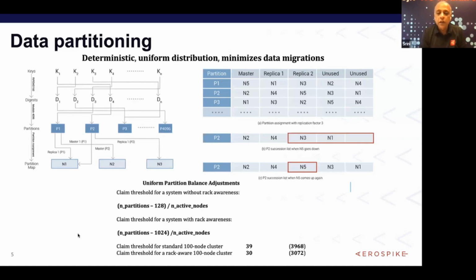The trade-off therefore becomes that you are making it more expensive to do data migration. So the trade-off of minimizing data migrations is relaxed in order to generate uniform data partitions. And as you can see in this picture, there is more readjustment required when we use rack awareness, which we will describe in a few minutes.